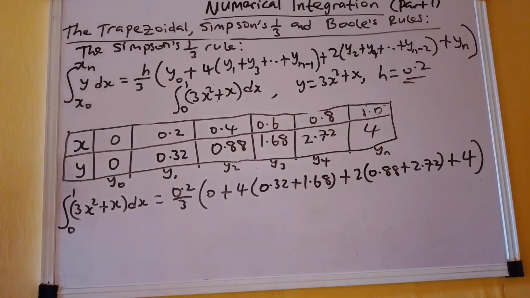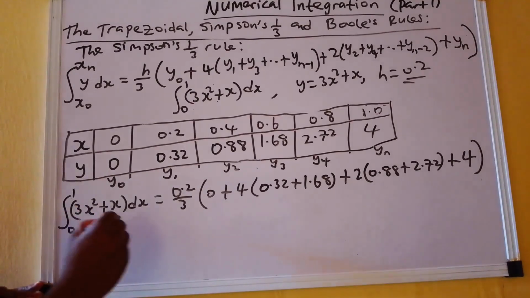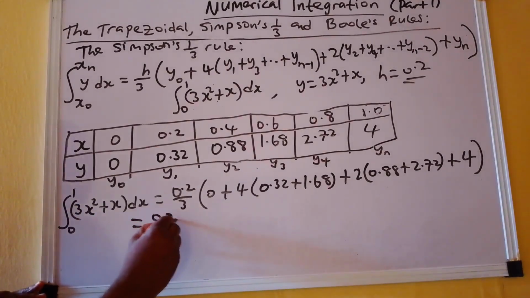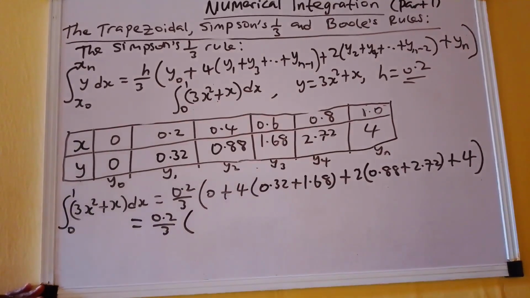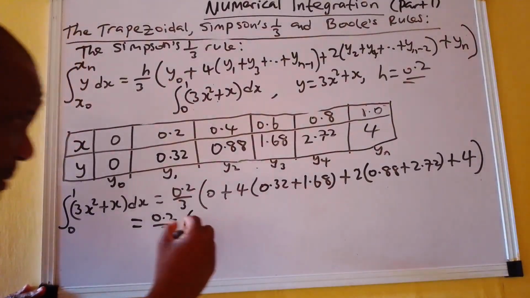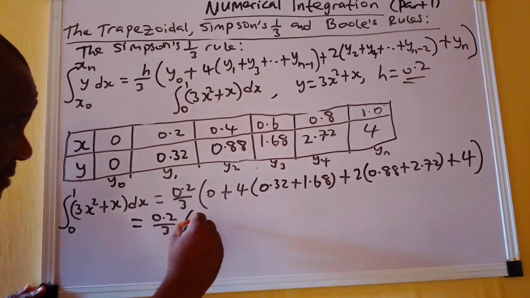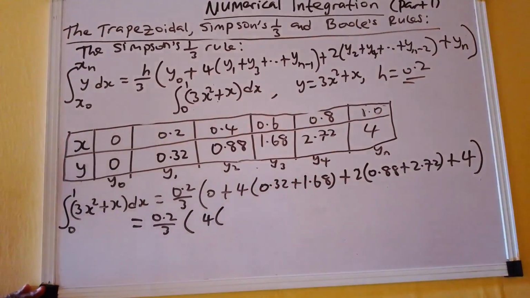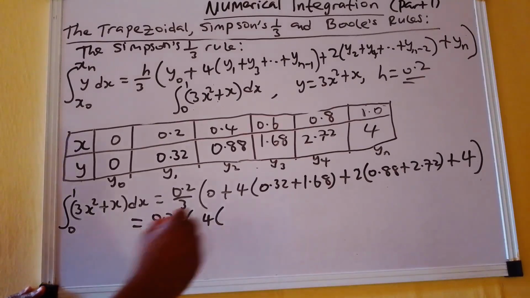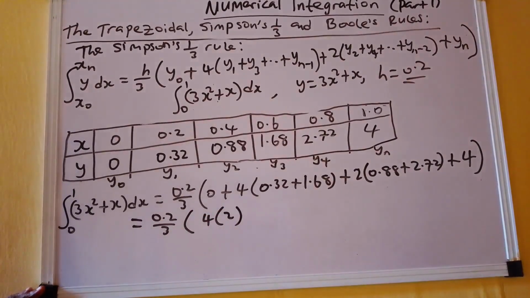So you will now come and have this equal to 0.2/3 into, of course, 0 multiplying anything remains itself. So you are going to have 4 into 0.32 plus 1.68, that will be 2 in value.